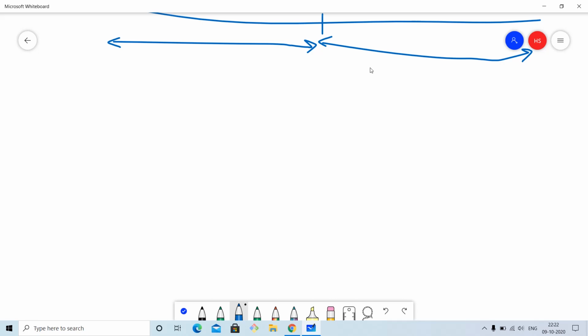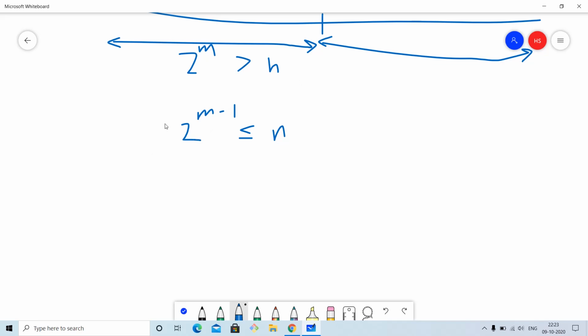We will compare them for length 2 to the power m minus 1 in such a way that 2 to the power m is greater than n, and 2 to the power m minus 1 is less than or equal to n. So this is the largest length which is less than n.